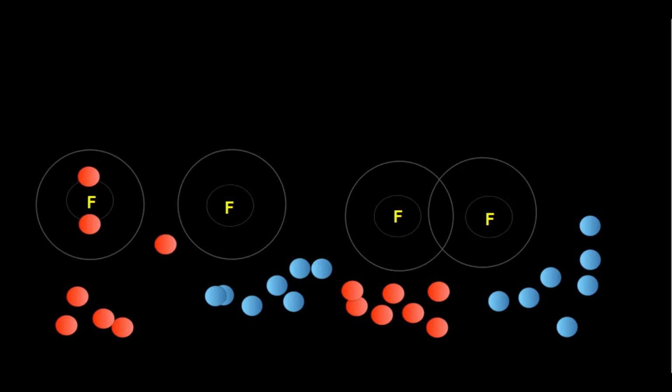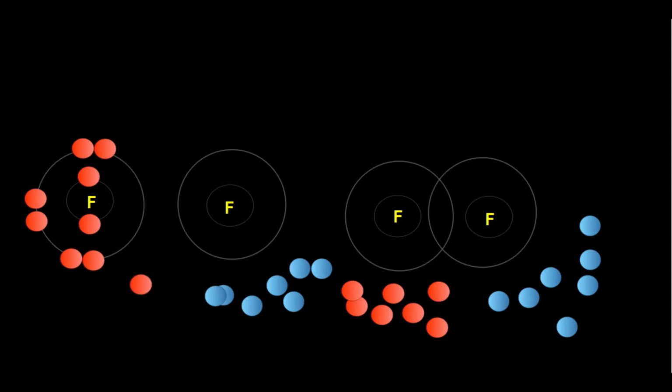So we write 7 electrons here, 1, 2, 3, 4, 5, 6, 7. In this way, we place 7 electrons in this fluorine atom in its valence shell.